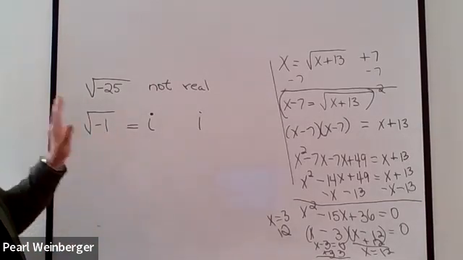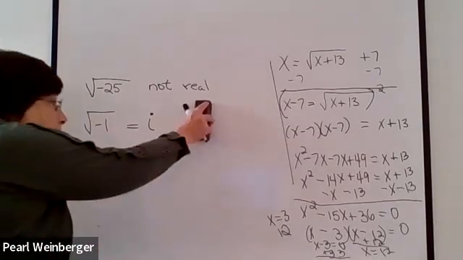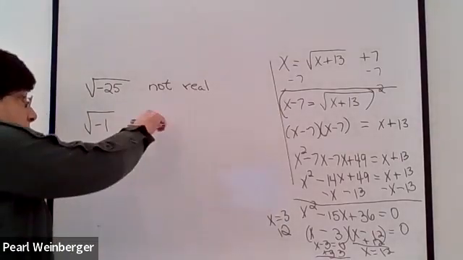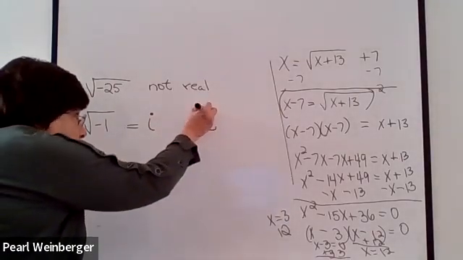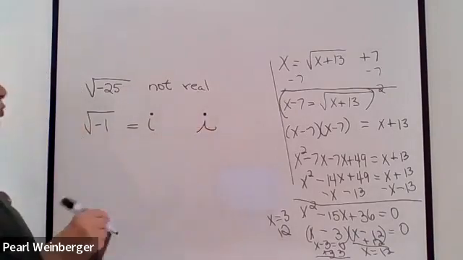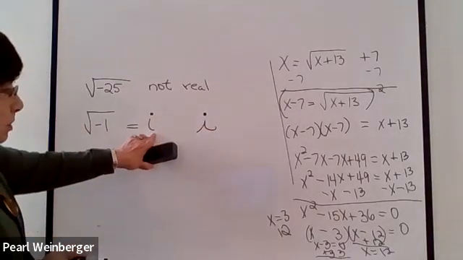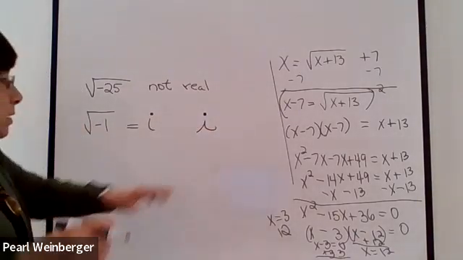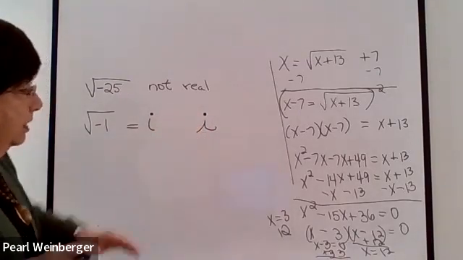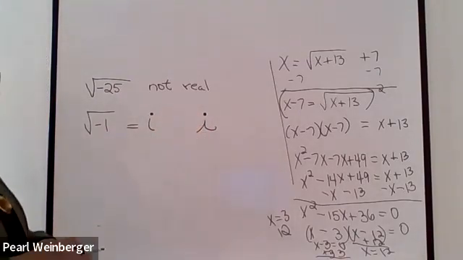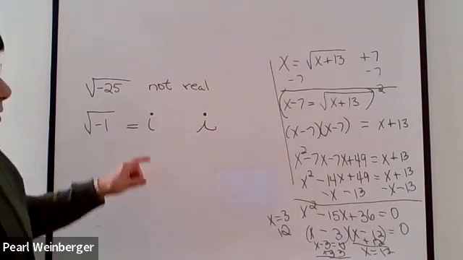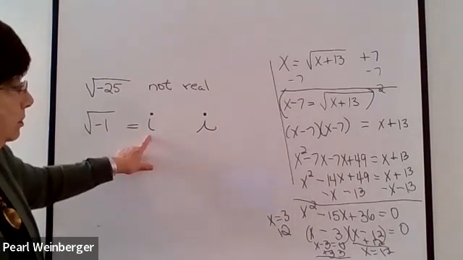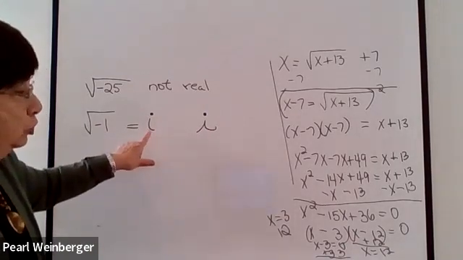It's this new number i. So I will either write the i like this or like this. In other words, I'll make a script letter. I usually will use this symbol. I'm a little bit too lazy to do the extra piece there. But you'll be very clear that what we're talking about is i and not 1.